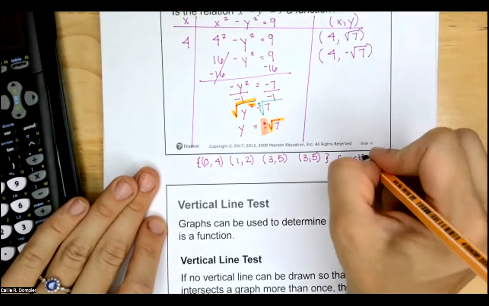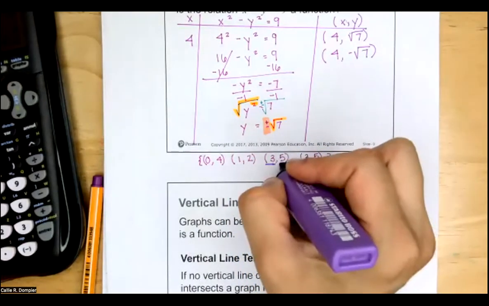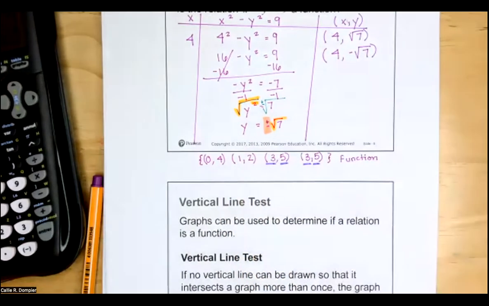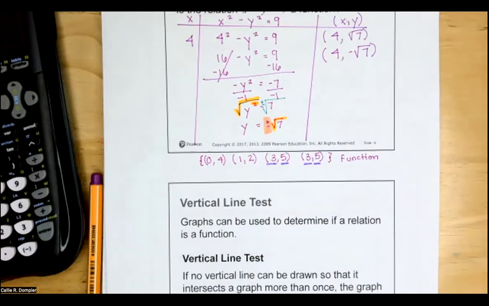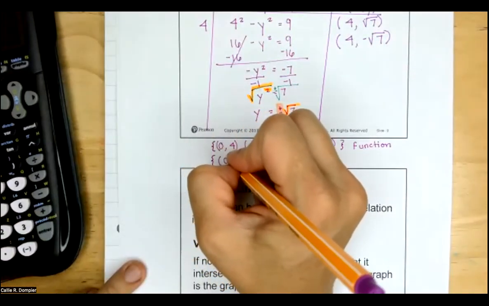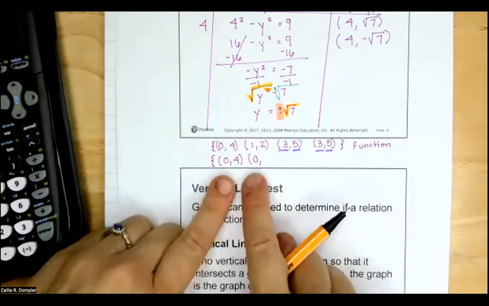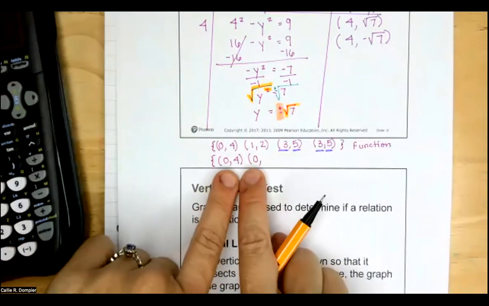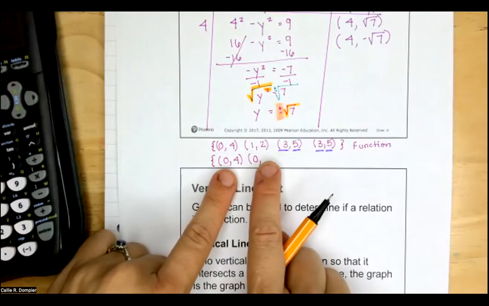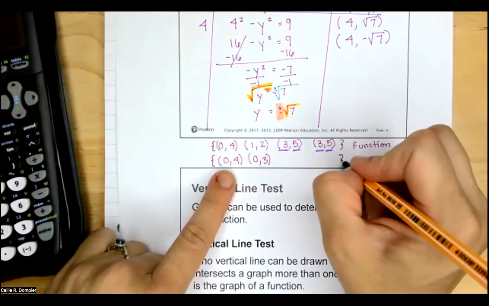So if they just happen to repeat the exact same x and y, that's okay. But if in any way, the only way that this is going to be a function is if this number is a 4. If this number is not a 4, this is not a function.